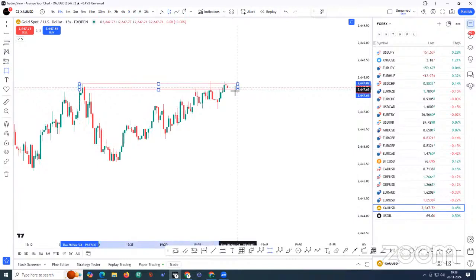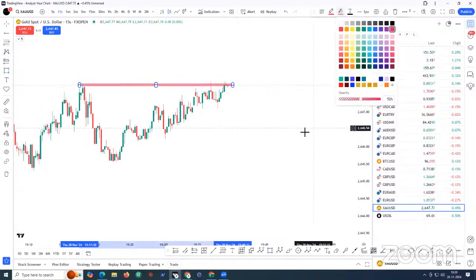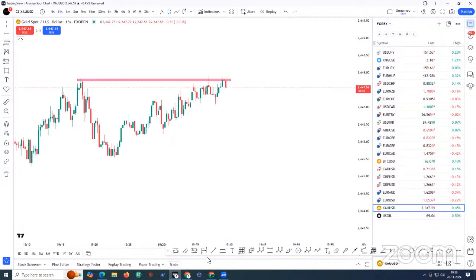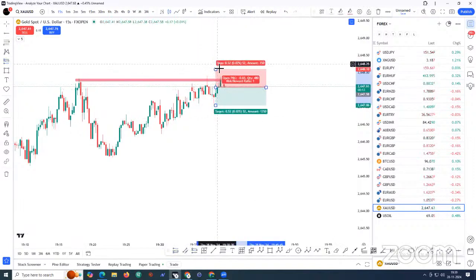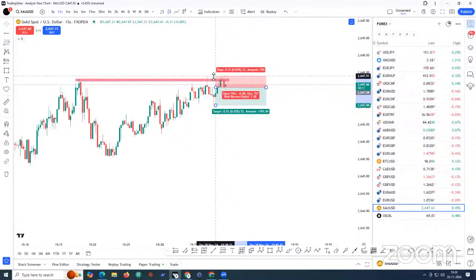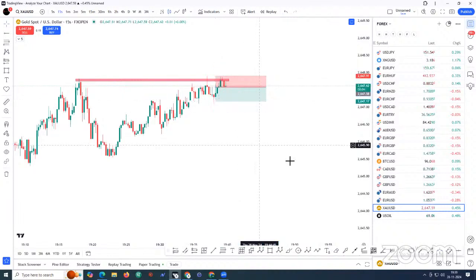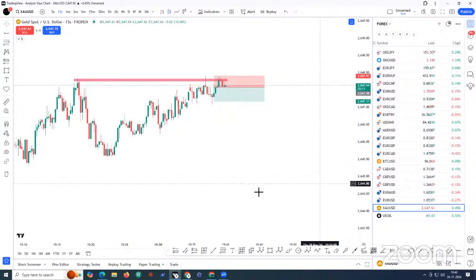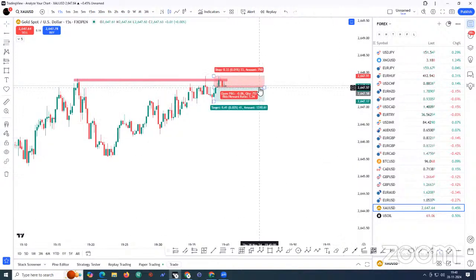So this will be my high. Okay, so one more time, I would like to take a short position here below this candle, keeping the high as a stop loss. Still, the trade is not activated, but 1.12 as a risk reward. So below this, that will be 2647.58.